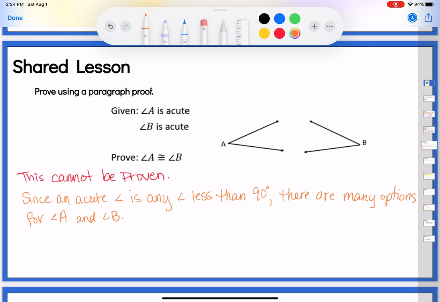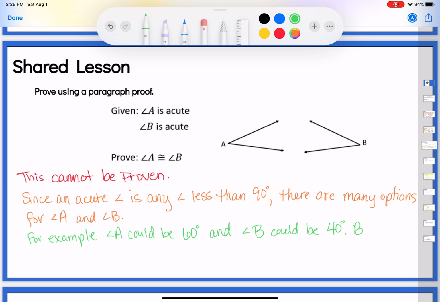All right. But that's not enough, because I could still have them be congruent. So what we need to do then is give an actual example. So we would say, for example, angle A could be 60 degrees and angle B could be 40 degrees.